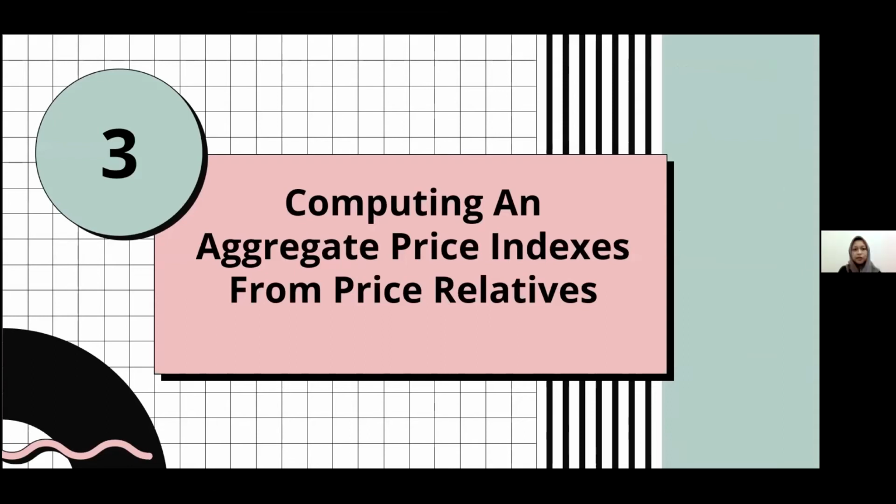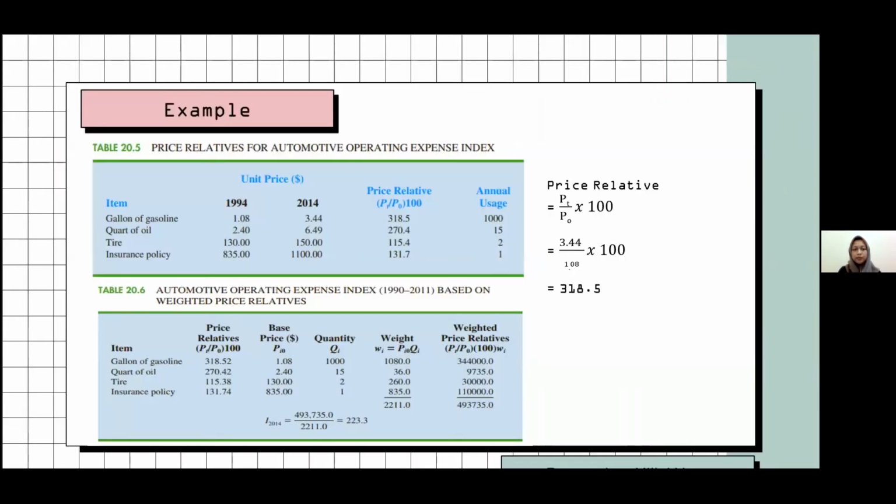Next is computing an aggregate price index from price relatives. In the section on price relative, we defined the concept of a price relative and showed how a price relative can be computed with knowledge of the current period unit price and the base period unit price.